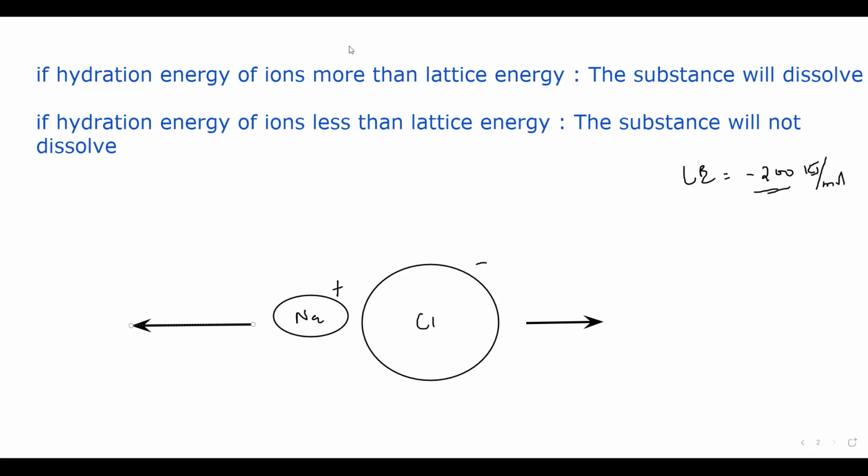The water molecules surround it, and as I mentioned, the hydration energy comes in. The water molecules will try to pull the ions apart, to separate these ions from each other.